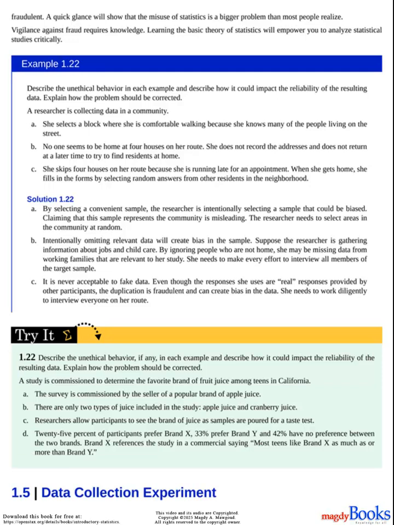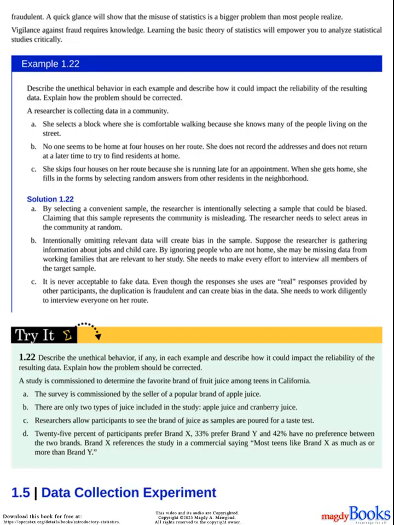Example 1.22. Describe the unethical behavior in each example and describe how it could impact the reliability of the resulting data. Explain how the problem should be corrected. A researcher is collecting data in a community. A. She selects a block where she is comfortable walking because she knows many of the people living on the street.